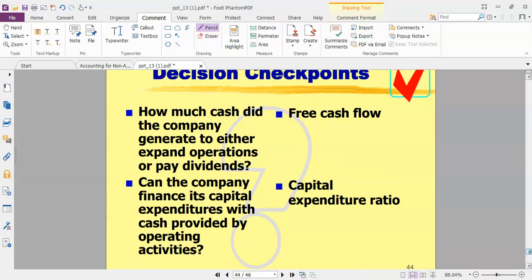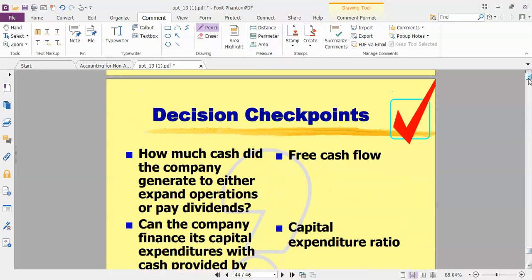Last chapter, last topic, last subtopic here. So look at the decision checkpoints. Inside the statement of cash flow, we can know how much cash the company generated to either expand operations or pay dividends. You have an option.